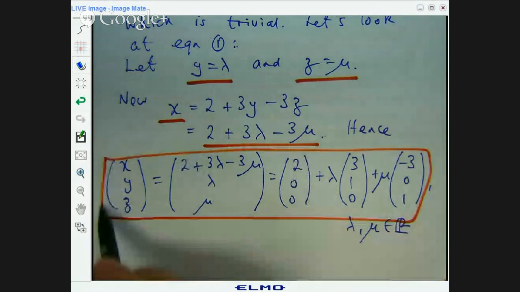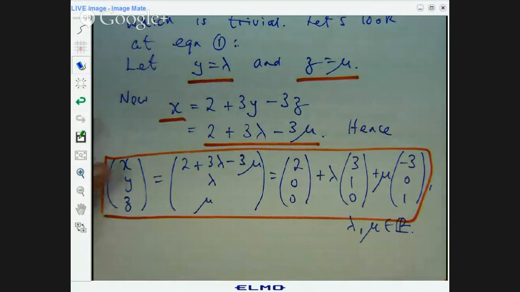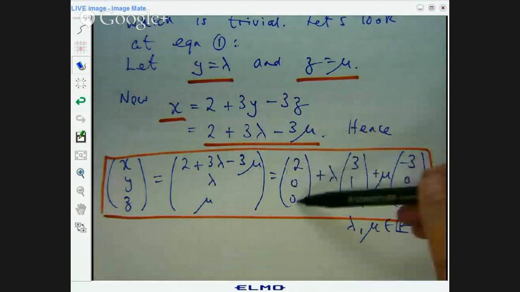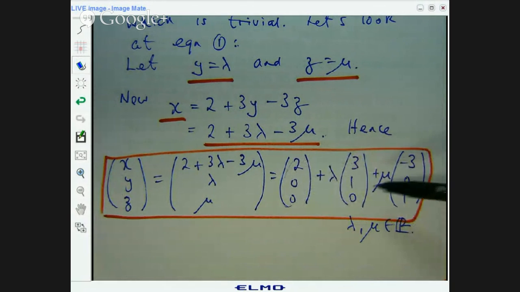Okay, so what is this then? Well, it is a parametric vector form of a plane that passes through the point associated with this vector and is parallel to these two vectors.